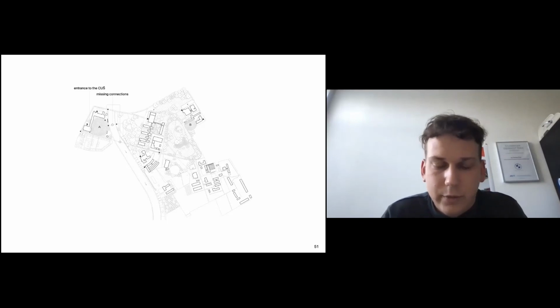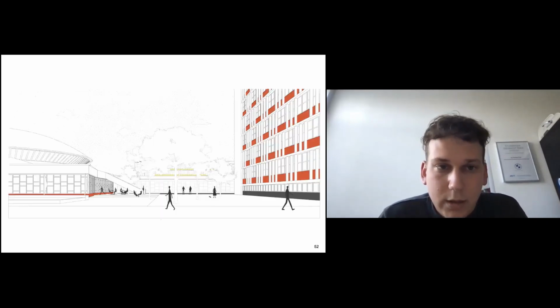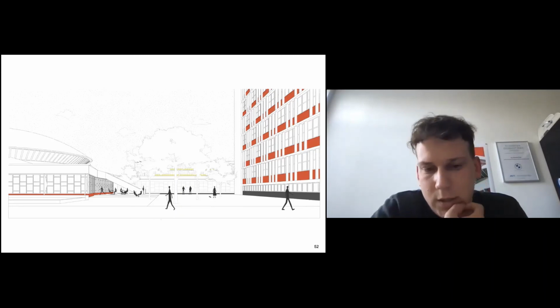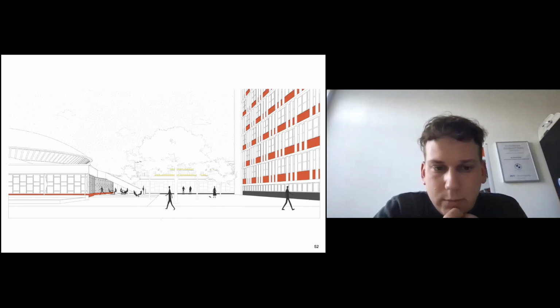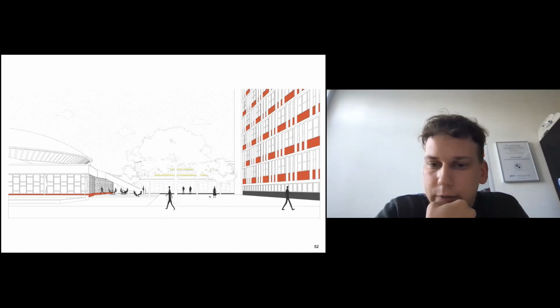Also the main entrance was allocated, and this is the graphical interpretation of inner pavilion spaces. So this is between the main entrance and the main building, which is Aula Maxima, and the first of the pavilions.